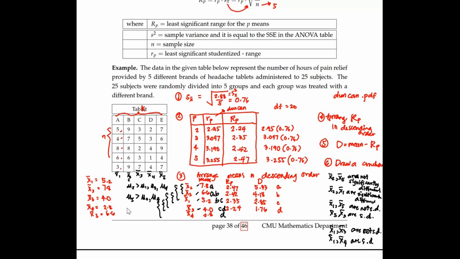Or you can say that mu sub 1 is significantly larger than mu sub 4. And lastly, we have x sub 3 versus x sub 4. So, since naman sila common duha, then we can say that x sub 3 and x sub 4 are not significantly different.